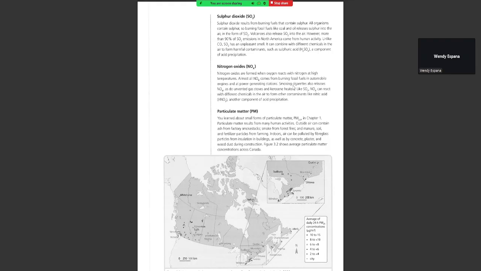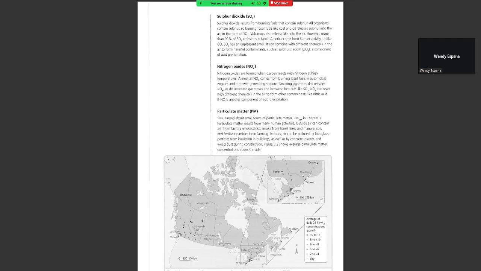There are other ways you can get SO2. Volcanoes, for instance, or sometimes some natural geysers, that kind of thing. It smells like rotten eggs. That's usually sulfur and sulfur dioxide being released. And the thing with sulfur dioxide that's very different from carbon monoxide is, of course, that smell like rotten eggs.